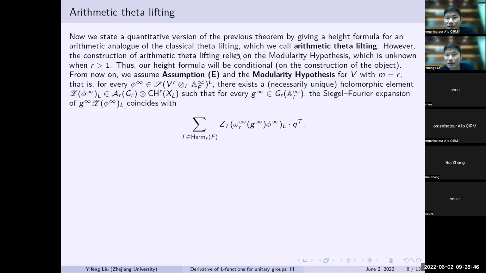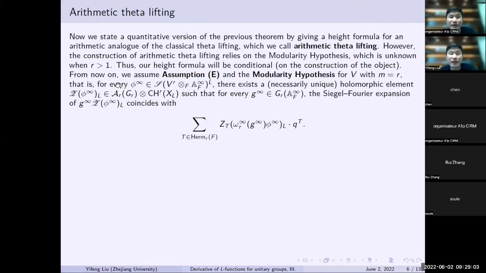Okay, so from now on, we will assume the assumption E on the field E, and also the modularity hypothesis for V with r equal to m. So for your convenience, let me recall what the modularity hypothesis means.